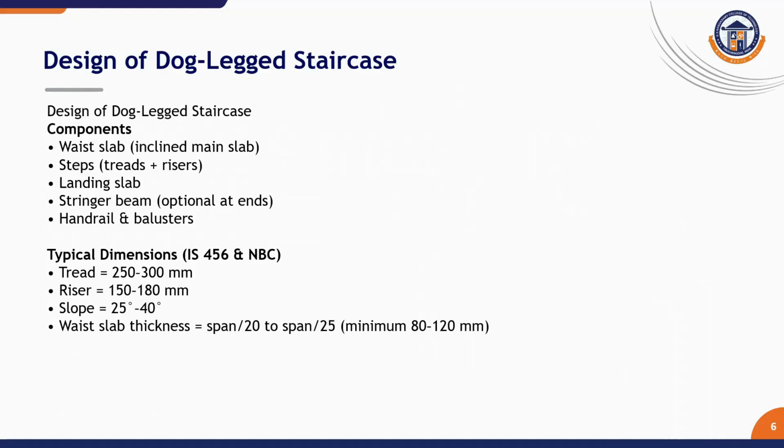Some typical dimensions as per IS 456 and the National Building Code: the tread should be between 250 to 300 mm for all kinds of buildings, and similarly the riser is 150 to 180 mm. Slope of the waist slab should be 25 degree to 40 degree. Waist slab thickness should be span divided by 20 to span divided by 25. Minimum it has to be 80 to 120 mm thickness.